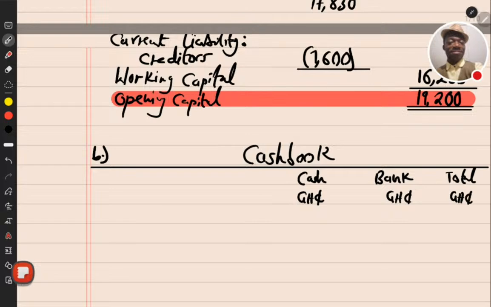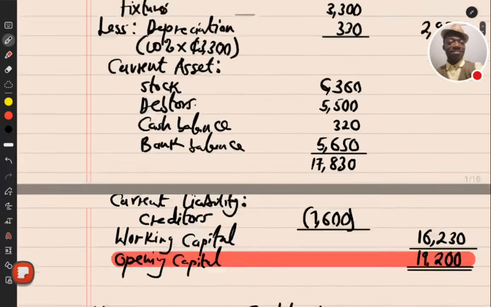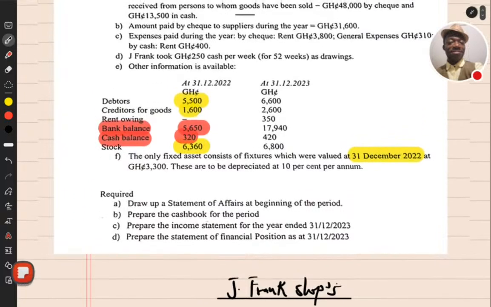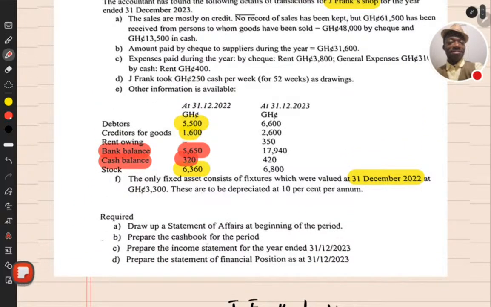We first have to start the entries by looking out for whether, as at the beginning of the period, there were any opening balances for the cash book in terms of cash and then bank. Let's see from the information given. We have been told that as at 31st December 2022, the balances of cash and bank were 320 and 5,650.